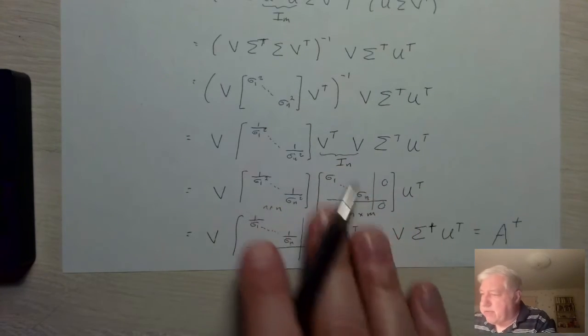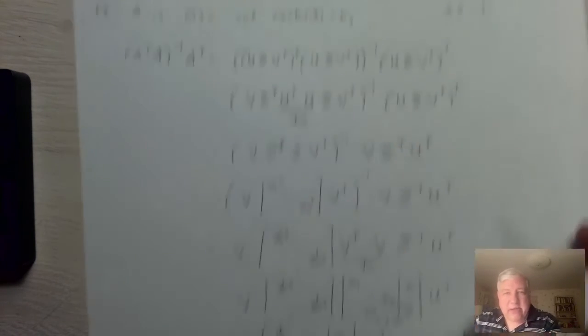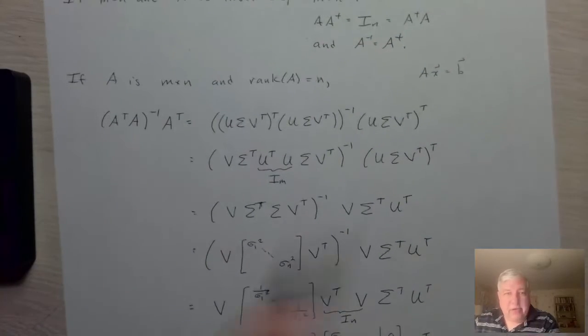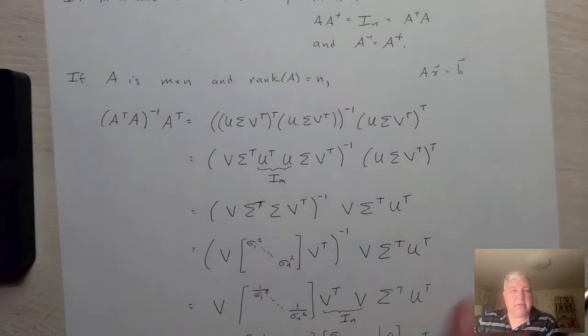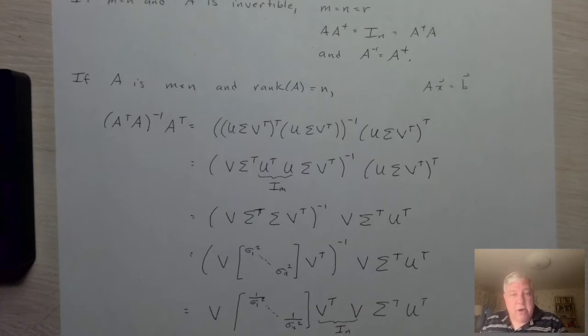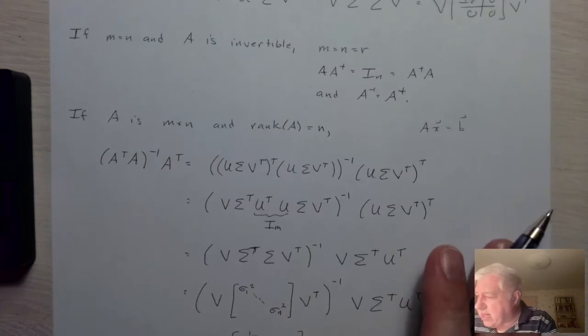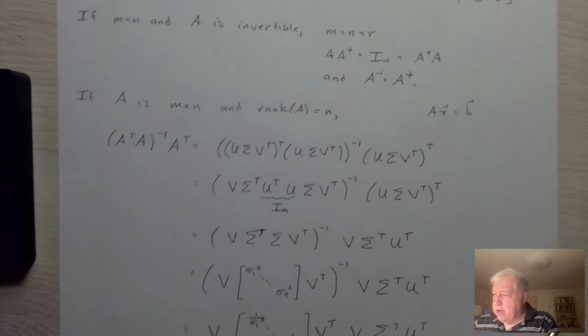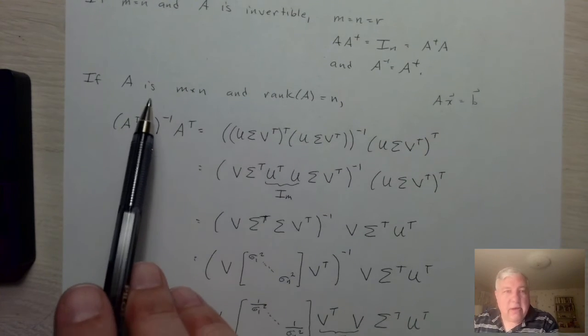So it turns out that when we were calculating this to do the least squares, we were actually computing a pseudo-inverse without even knowing it. Now we're going to see what we can do.